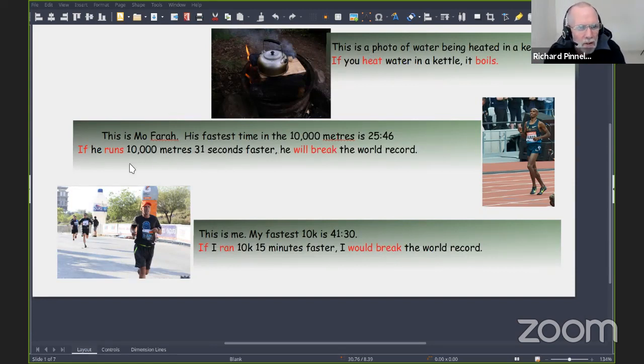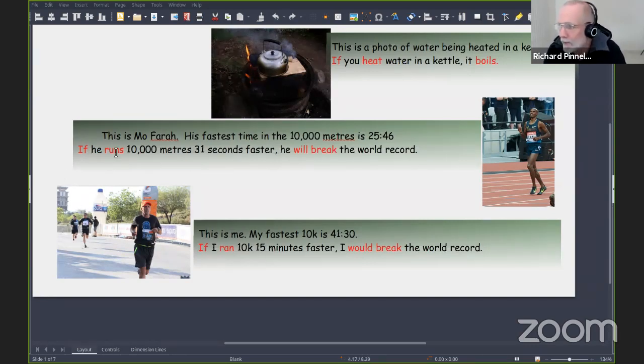Now I have here an example of the first conditional and the second conditional. So let's look at the first conditional. This is Mo Farah. His fastest time in the 10,000 meters is 25 minutes 46 seconds.